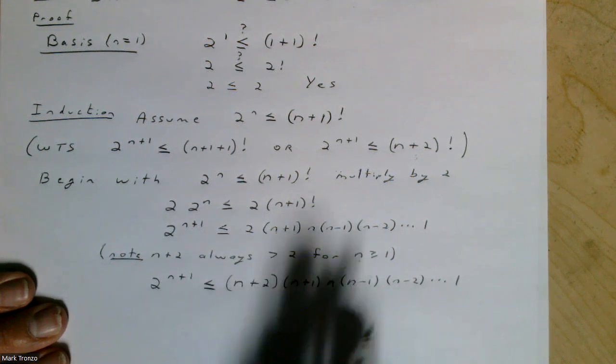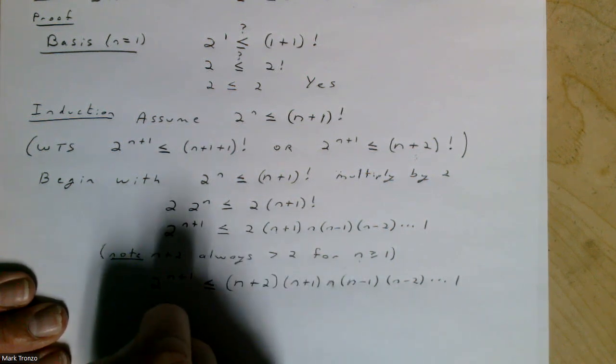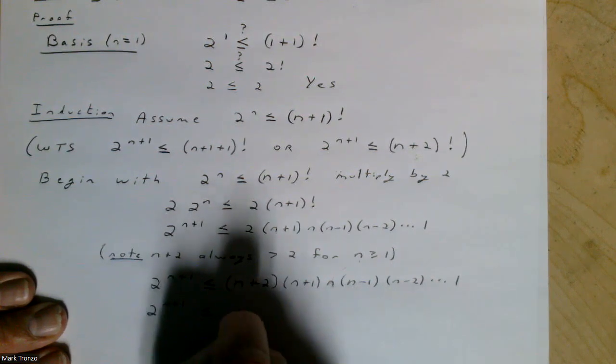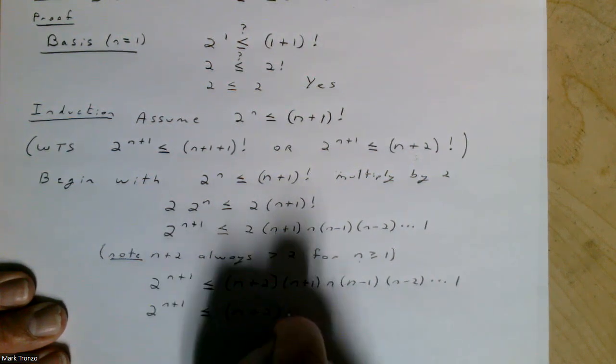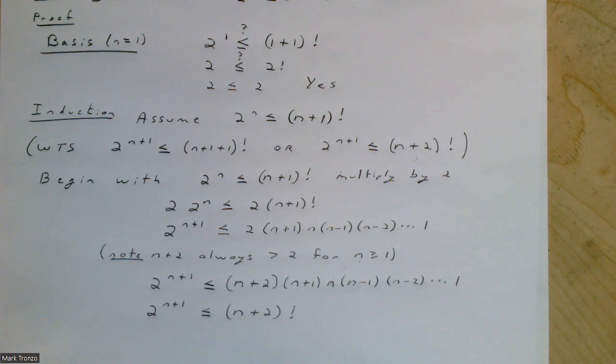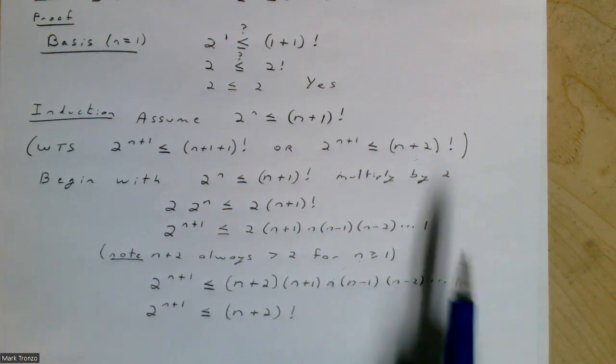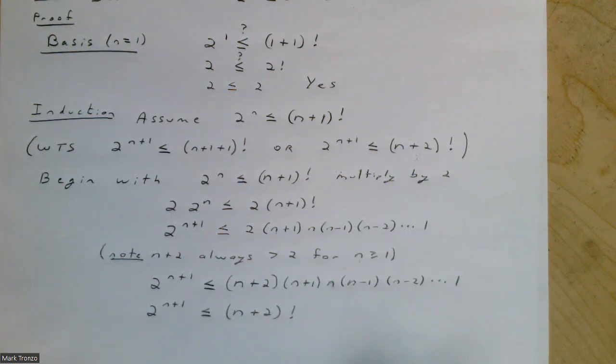And then, of course, what is this? This is n plus 2 factorial, which is what we wanted to show.